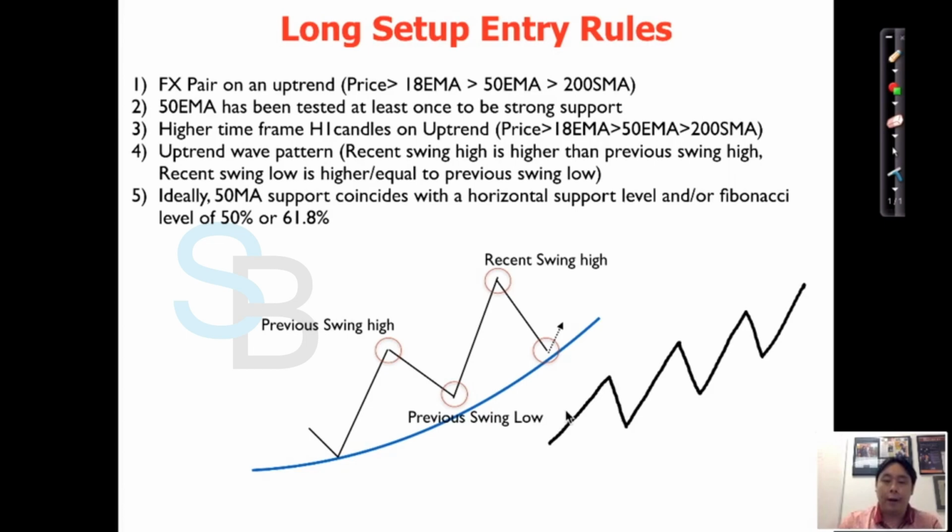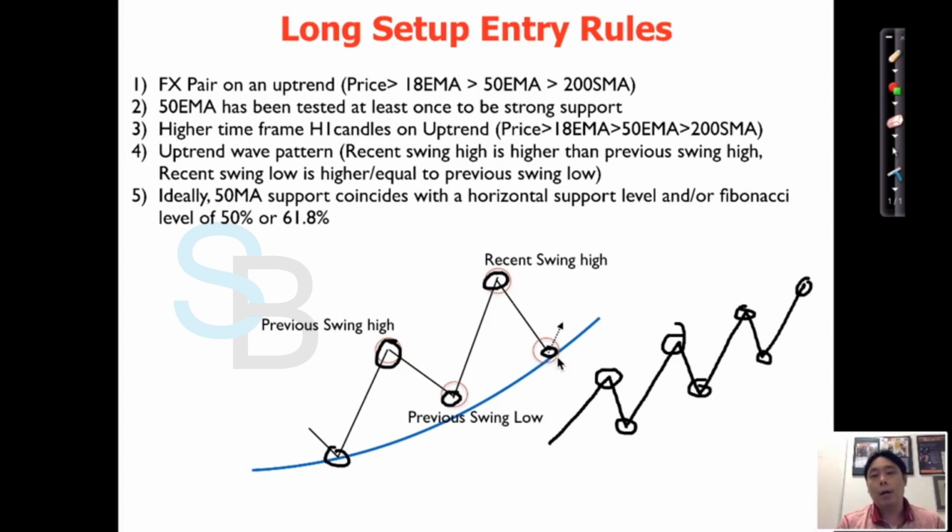So on an uptrend, these are what we call the swing highs, what I'm circling. On this illustration, that's a swing high. Got it? At the same time, these are the swing lows. This is a swing low, that's a swing low, that's a swing low.